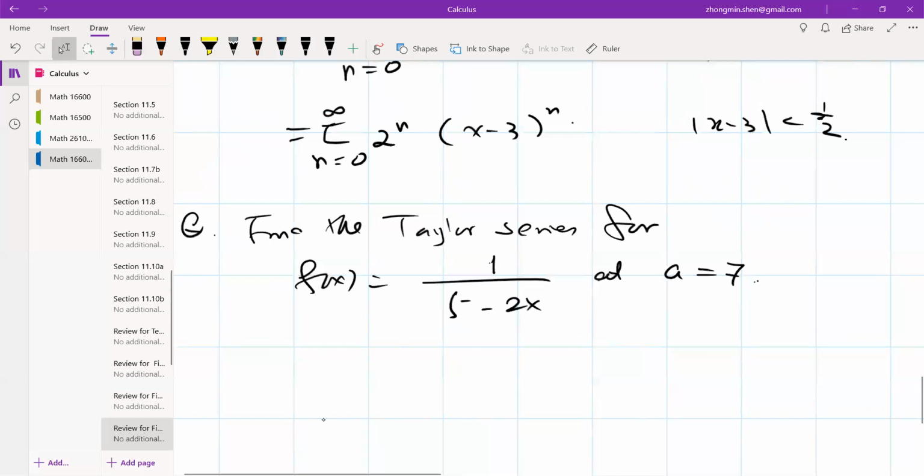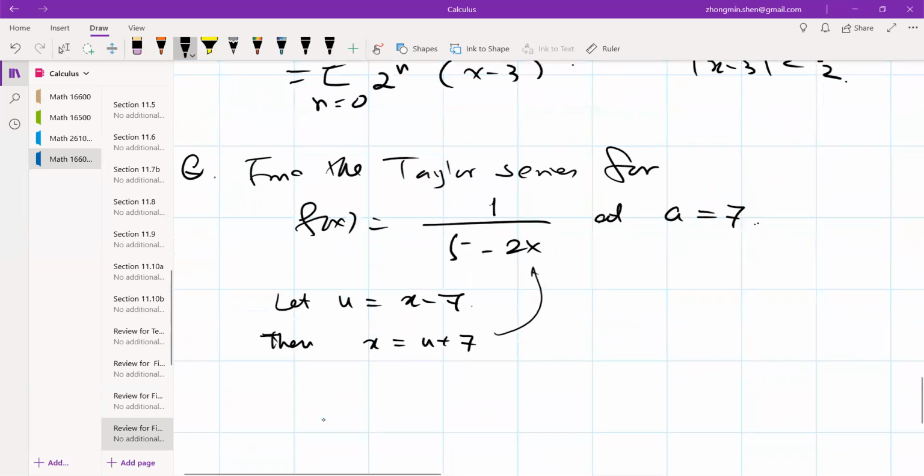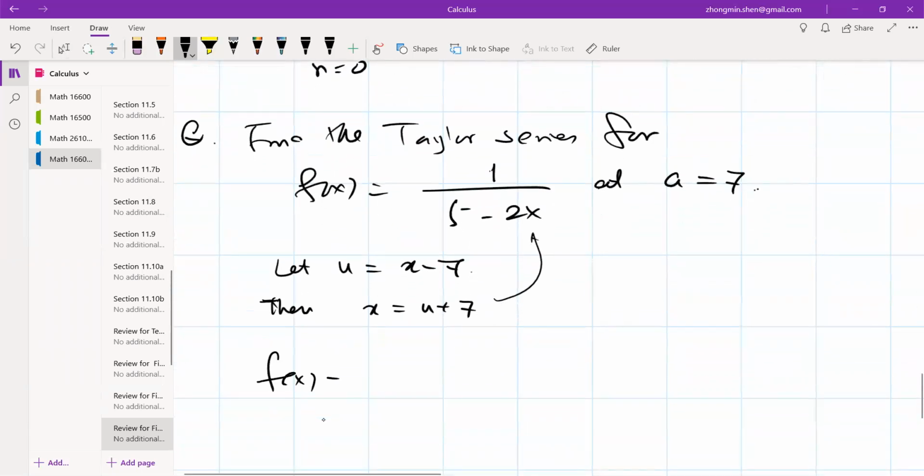Right, let's do it. So step 1, let u be x minus 7. Then x is u plus 7, so you have to put it into the function. So f of x equals 5 minus 2 times (u plus 7).